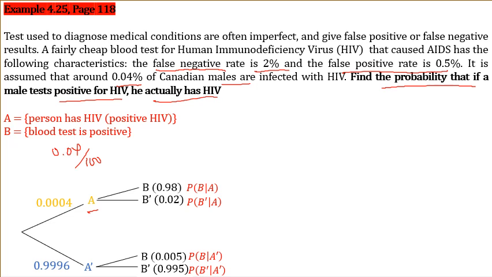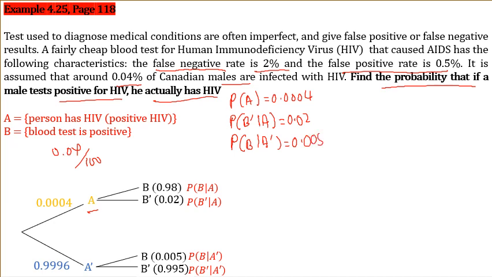Okay, so the information given is P(A) is 0.0004, and P(B complement given A) is 0.02, and last, P(B given A complement) is 0.005. The false positive rate is 0.005.